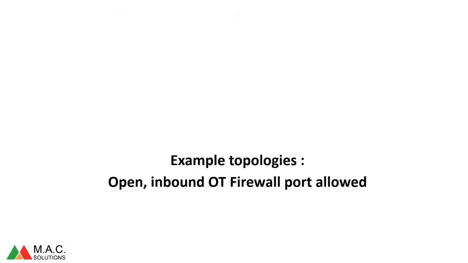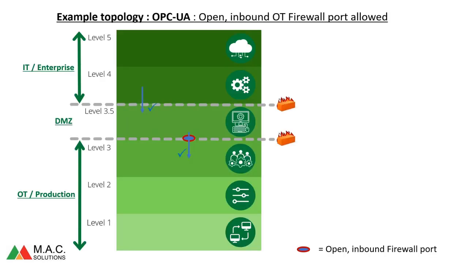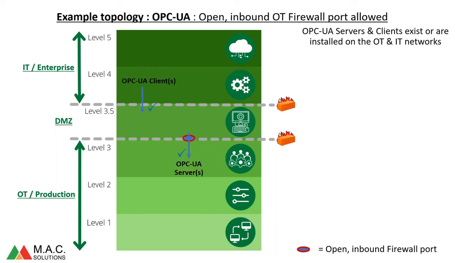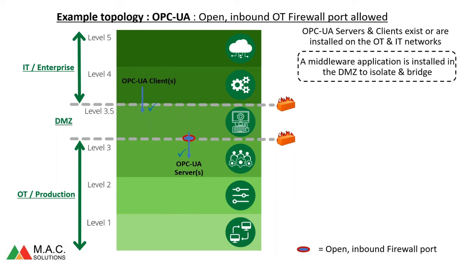So let's look at some topologies where an inbound port on the OT firewall is allowed. You can see that circle around the inbound connection. To get across the DMZ, you would install an OPC server on the OT side and an OPC UA client on the IT side.